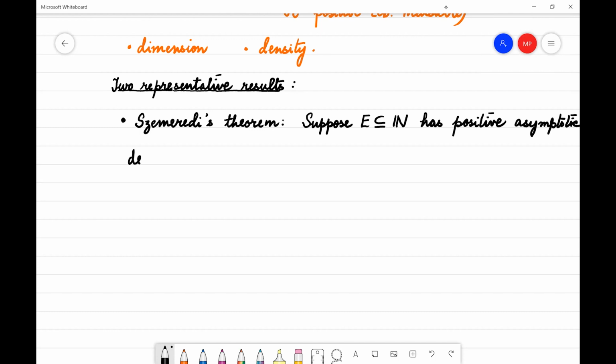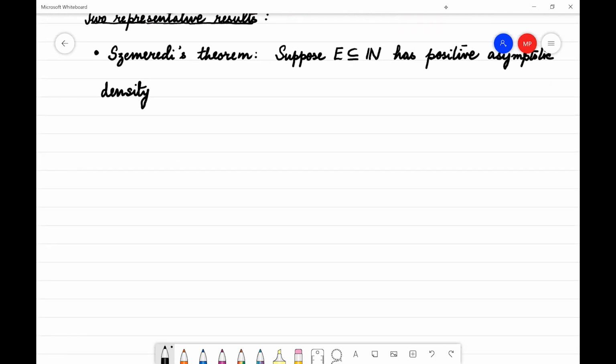Has positive asymptotic density. What does that mean? I promised you that I was going to unravel the notion of largeness, and here it comes.